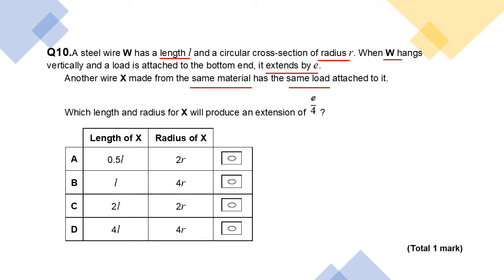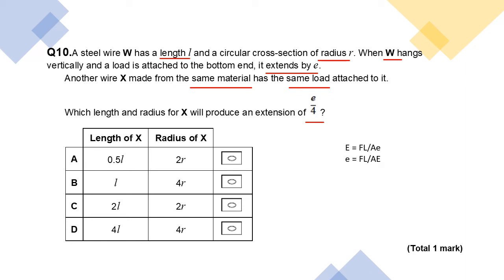In that case, what length and radius can produce an extension of E over 4? So when we think about the material, it is the same material, isn't it? So the Young modulus is going to be the same for both of them.